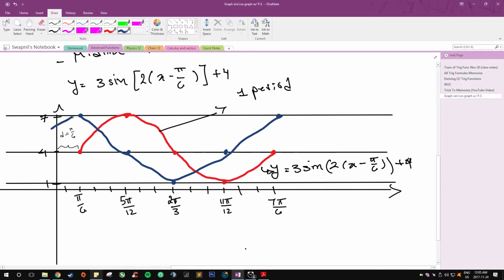And obviously it's coming in from this way and going out that way, repeating forever. But from just here to there, that's 1 period. This is 1 period of cos. That's it. It's really that simple.